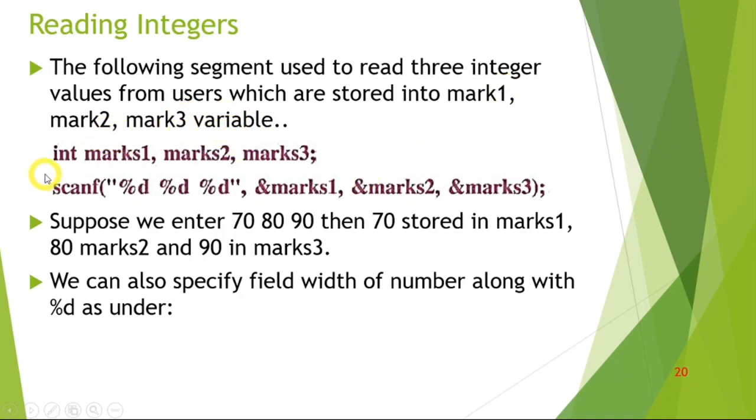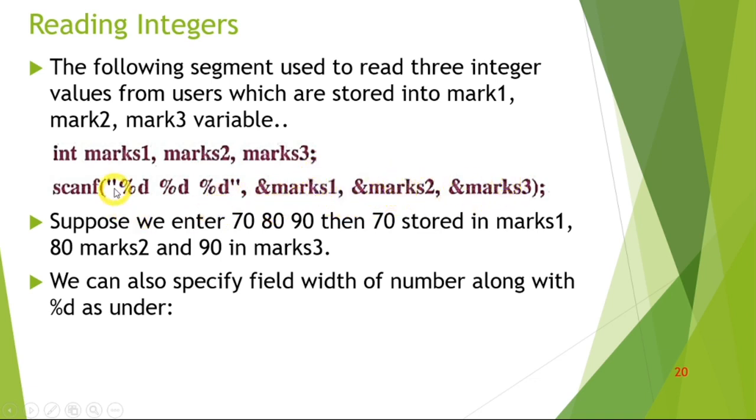So how will you write the declaration statement? int mark1, mark2, mark3; then scanf for input. Bracket, quote and %d three times, because three integers are there, so three %d should be given. Then comma and marks1, marks2 and marks3.